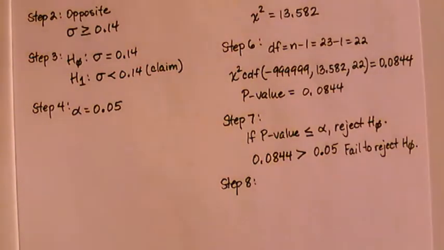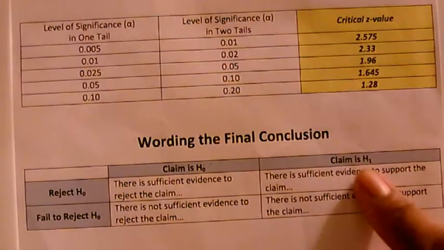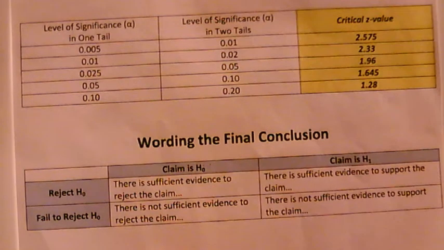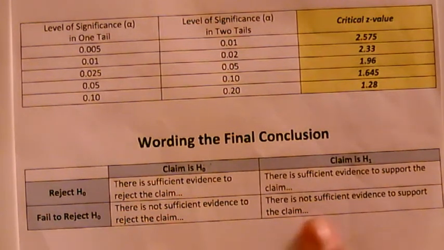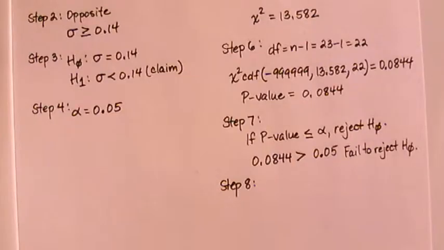Okay, and I still have this up here of wording the final conclusion. Our claim was the alternative hypothesis. We failed to reject the null, so that means that there is not sufficient evidence to support the claim.